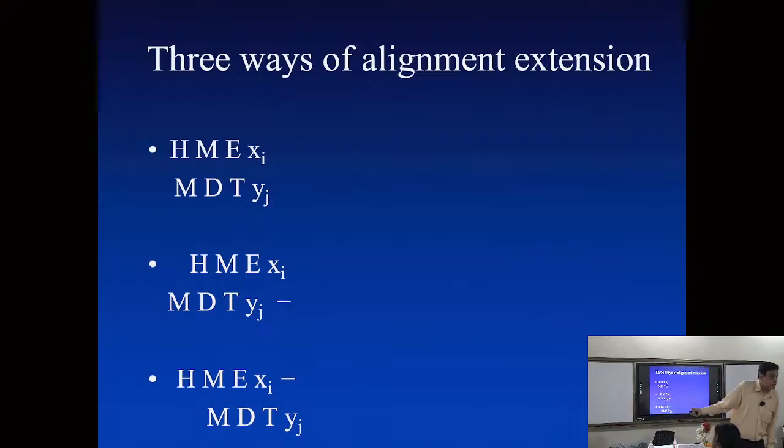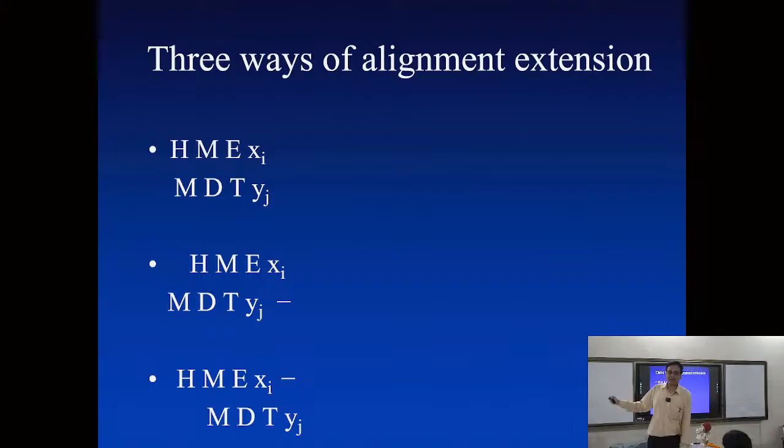These are three scenarios. Just consider the one where Xi is aligned to a gap. Xi means this is the ith position in X, and this is the jth position in Y. Now, one position back, what are the indices? The indices here are I and J, the position indices.